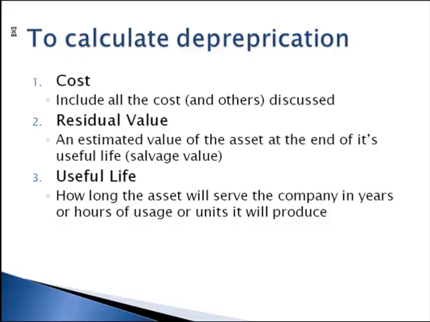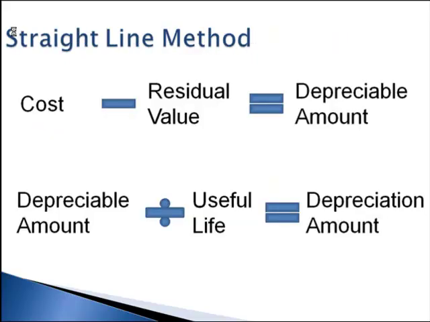Here we see the formula for the straight line depreciation method. It's the most common form of depreciation. It's easy to calculate, and it provides a uniform expense over each year that we provide depreciation. We calculate straight line depreciation using the following 2 formulas.